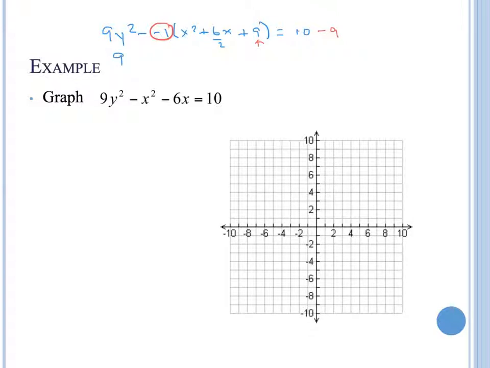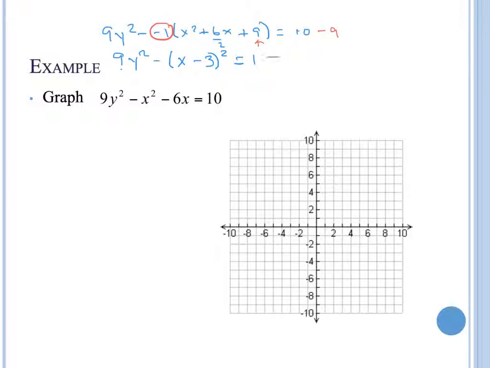So I have 9y squared minus x, and then this was a negative that I had in there, and my 6 divided by 2 tells me that I have a 3 that's being squared equals 1. But I'm not supposed to have a coefficient in front of the y squared.